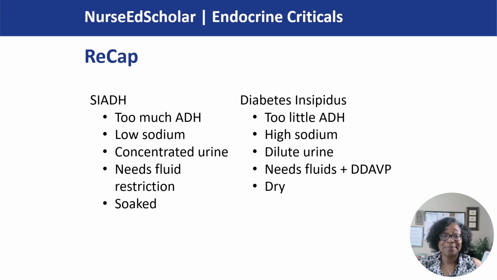So let's recap. SIADH, too much antidiuretic hormone, low sodium because they have too much fluid, concentrated urine because the fluid is staying in, it's not being excreted. So this patient needs fluid restriction and they are soaked. The patient is soaked with fluid.